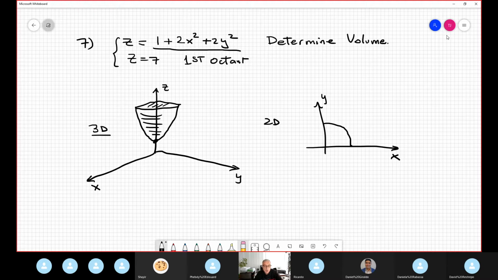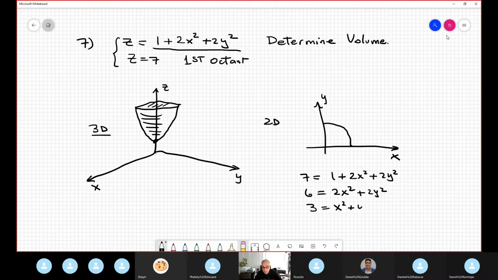You intersect both surfaces, and you enforce 7 equal to 1 plus 2x squared plus 2y squared. I move 1 to the right-hand side. The subtraction is 6, and divided by 2, you have 3 equal x squared plus y squared.